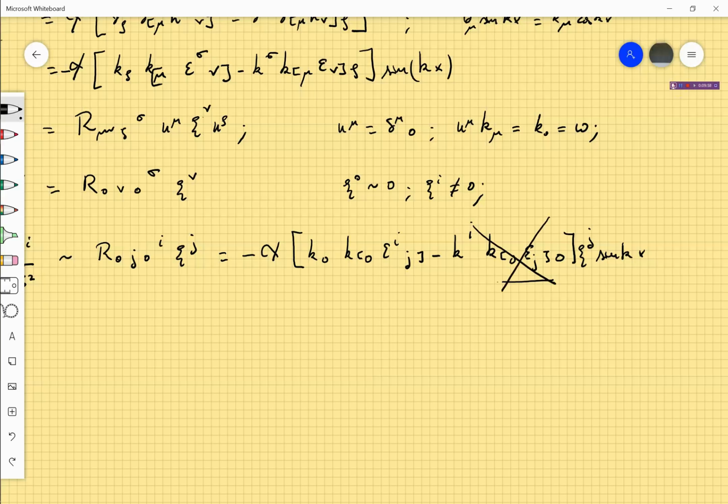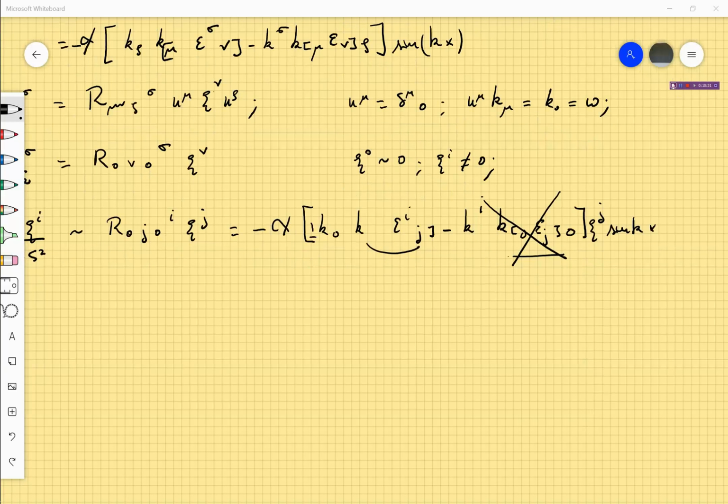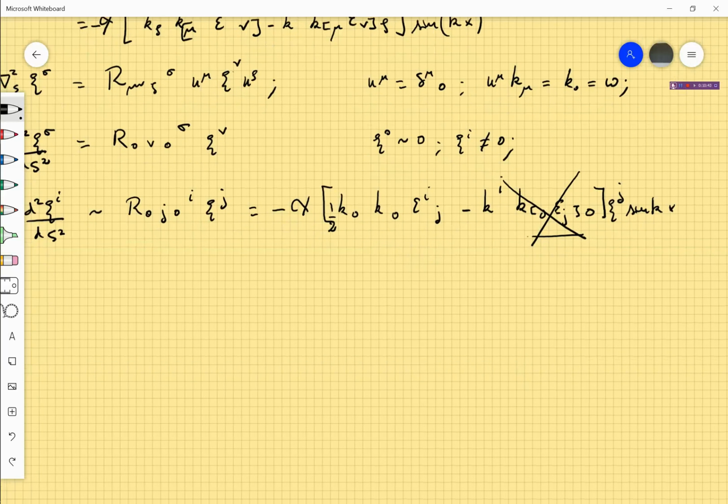So this term vanishes, and in this one you only have epsilon ij and k0. So k0 epsilon ij is okay, but only certain components will be different from 0. And kj epsilon 0 is 0. We can remove the antisymmetrizer and just leave this here with a factor of 1/2. Okay, and this will be the non-vanishing component.